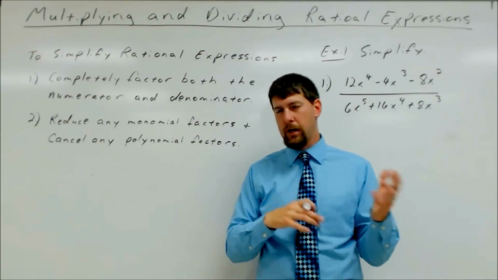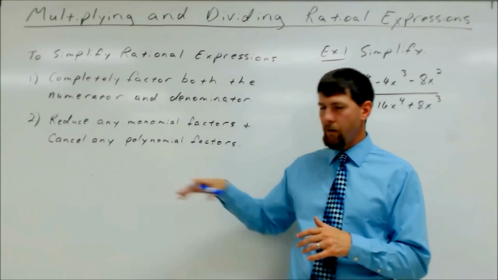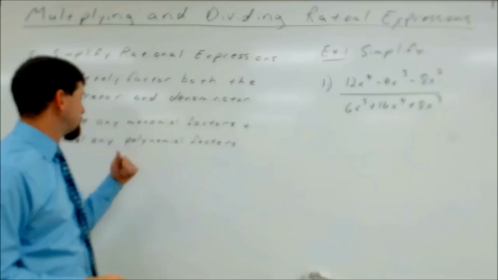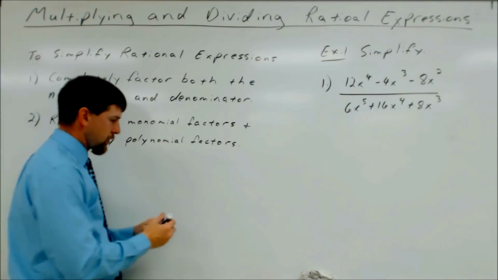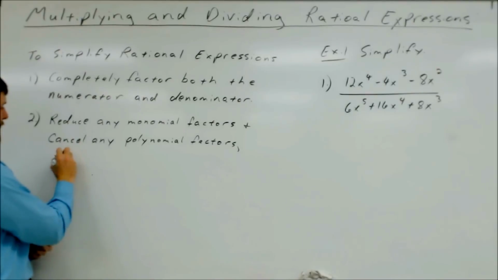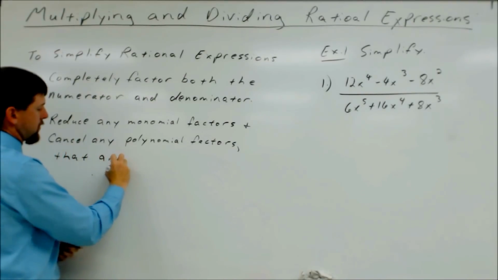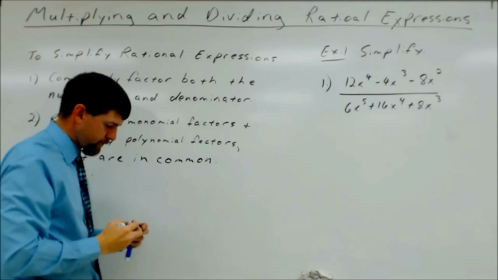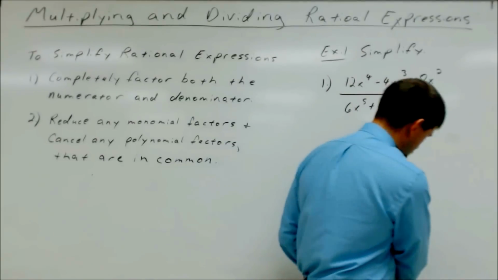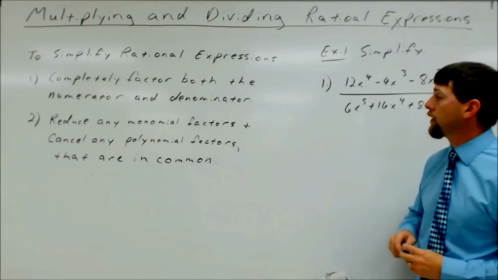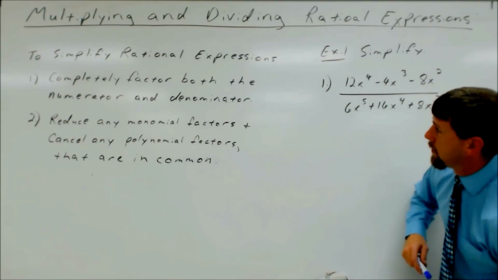So that would be binomials, trinomials, whatever may remain. We can just cancel those out if they're the same. So reduce any monomial factors, cancel any polynomial factors that are in common. Very important: it has to show up in both the numerator and denominator to cancel that out.